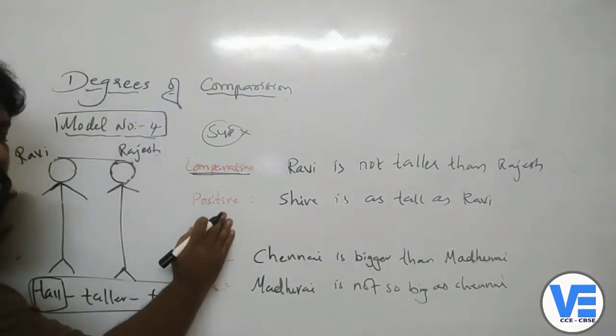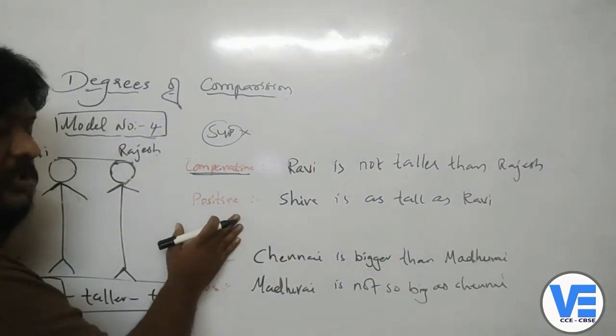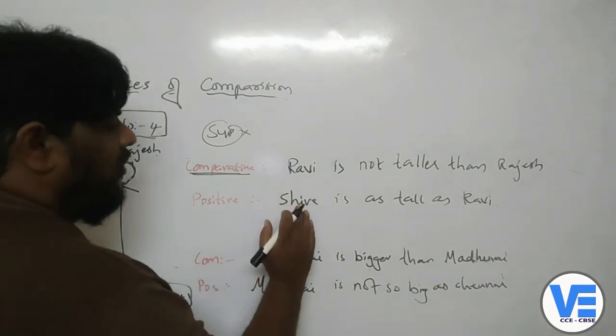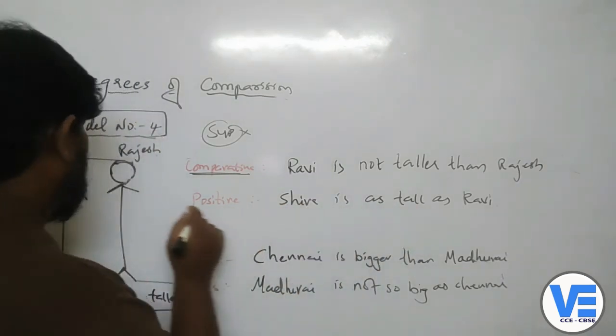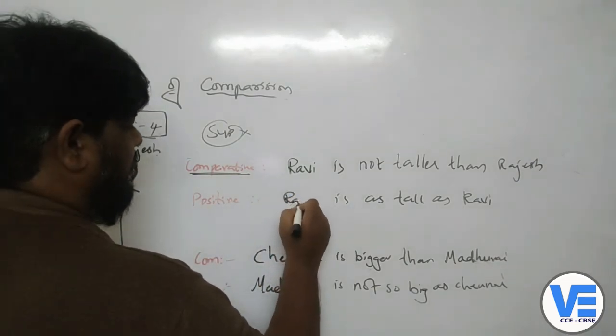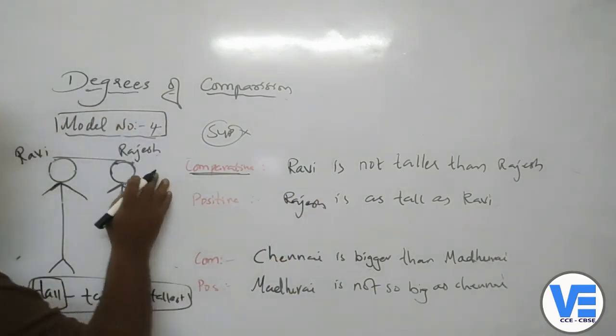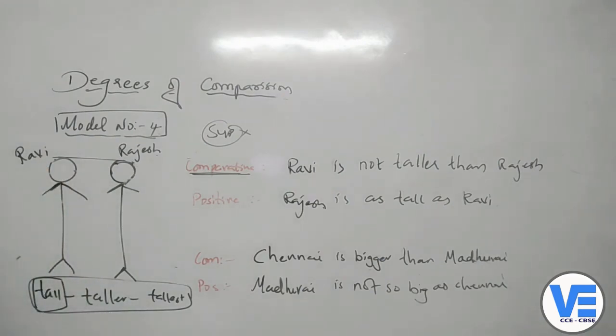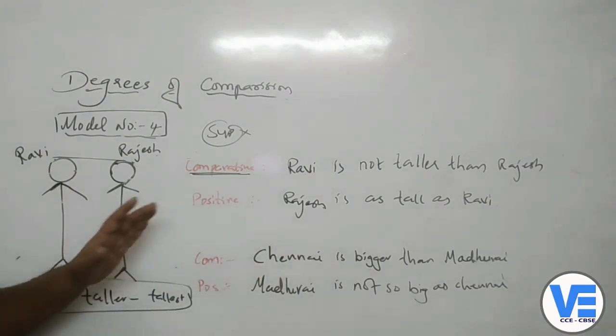And when you make a positive statement, there should be a comparison here. So what do you write here? Rajesh is as tall as Ravi. So there is no big difference between them.